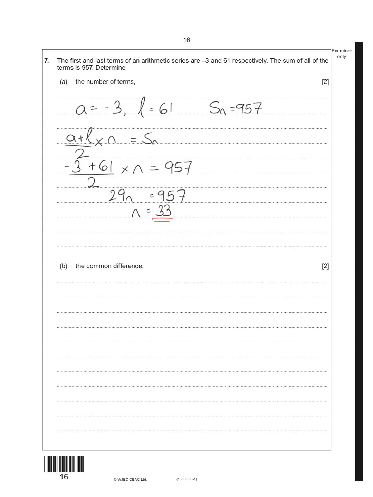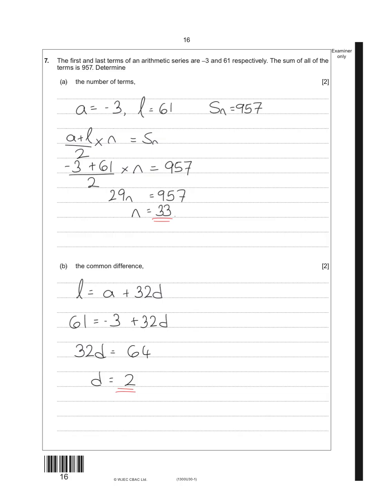So in this case, it's going to be 32 lots of the common difference because there are 33 terms. So I know that 61 equals -3 plus 32 lots of D. 32 lots of D will then be 64. D is 2. Nice straightforward 2 marks there.